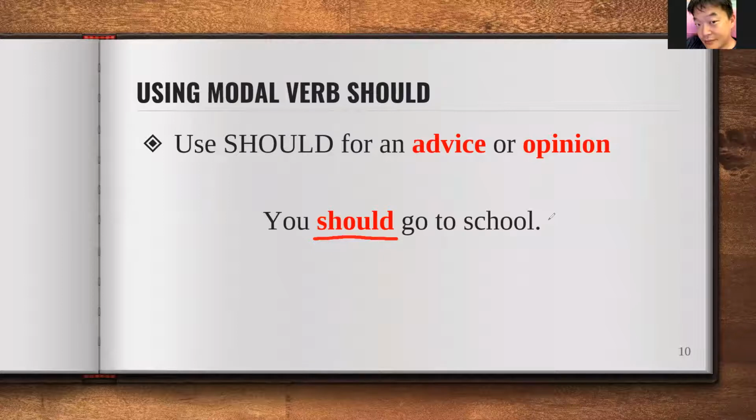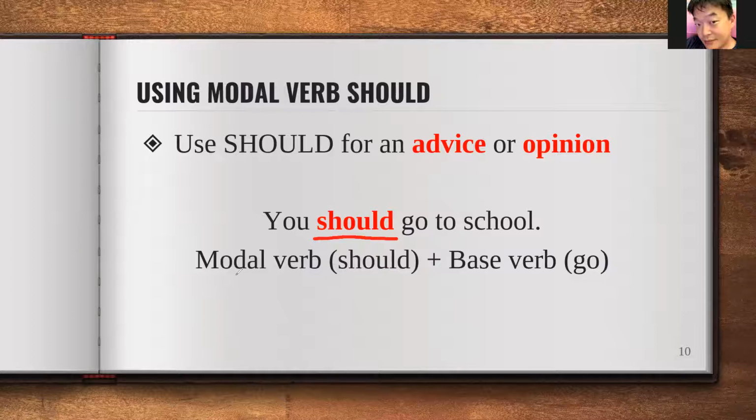Okay? So every time you want to use should, this is the sentence structure. It is a modal verb should plus the base verb go. So it's should plus go. Look here. Why is this important?